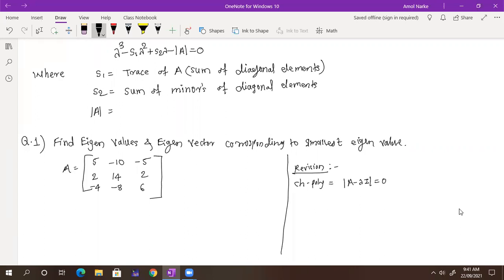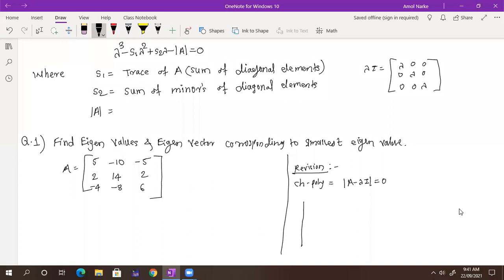A is nothing but this matrix, I is the identity matrix, lambda I is nothing but all diagonal elements are lambda, lambda, lambda, and other elements are 0. Am I correct? If I find out lambda I, I am getting this matrix, lambda 0 0, 0 lambda 0 and 0 0 lambda. Yes or no?